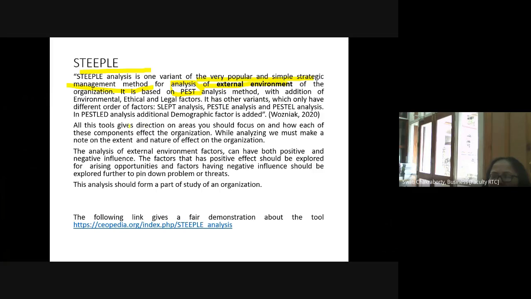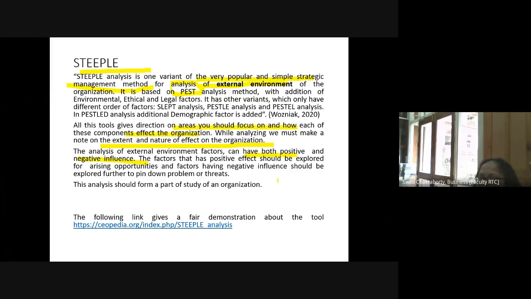Now, all of these tools give direction on areas you should focus on, and how each of these components affects the organization. When analyzing, we must take note of the extent and nature of the effect of all these factors on the organization. The analysis can have both positive as well as negative influence.